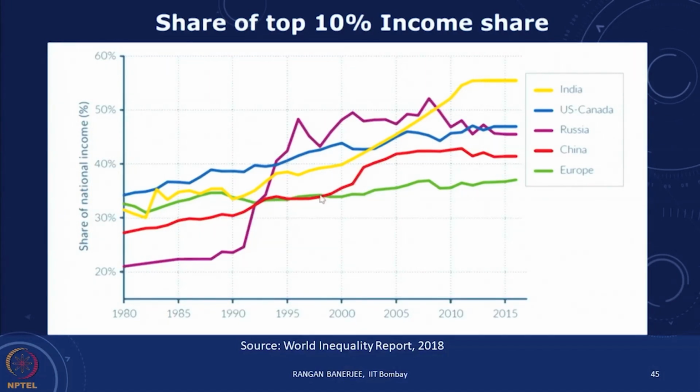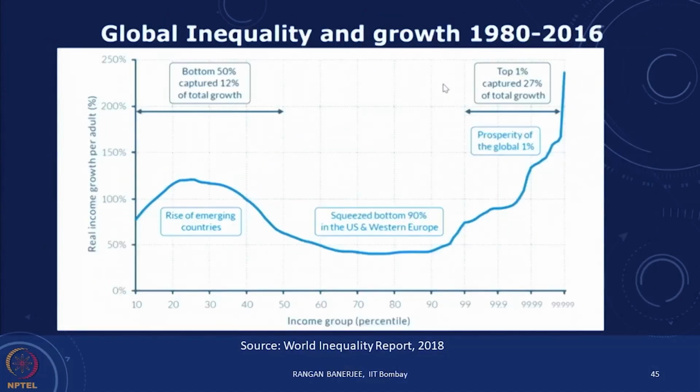That means the rich are getting richer, and of course, in many cases the inequality has increased. And you can see in the Indian case, in this plot, how it has been going up and then plateaued at this point. This is the kind of shape.